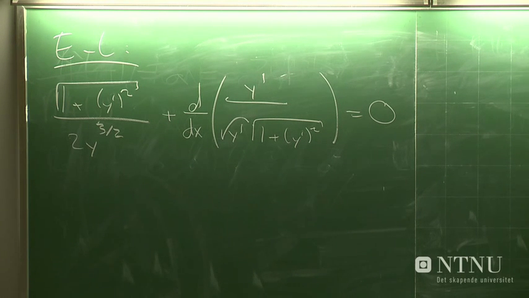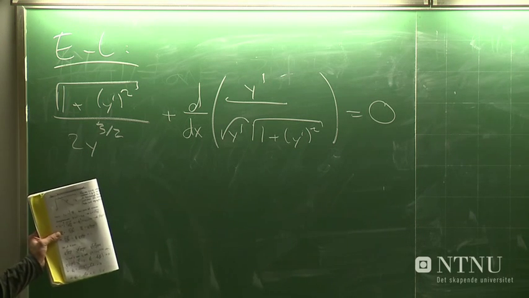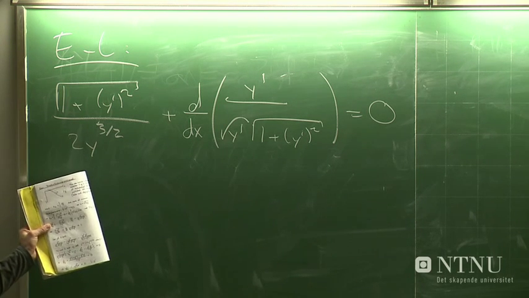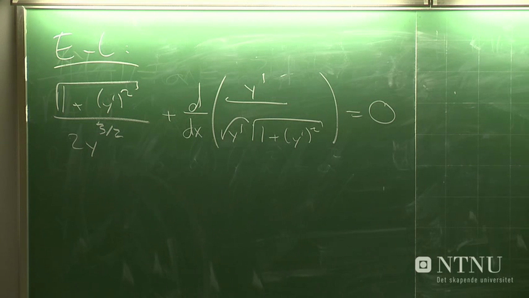Now this looks like a challenge. How can we possibly solve for y from this expression? It's basically a nonlinear equation in y prime and y. Well, let's have a go at it at least, so we can say we tried.